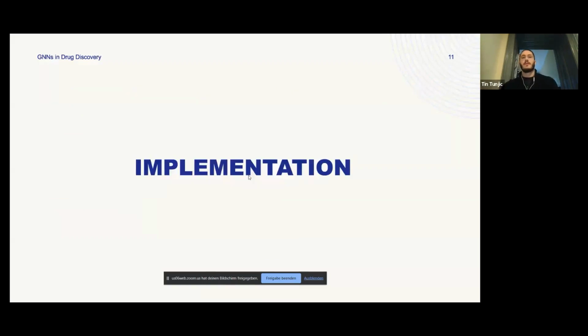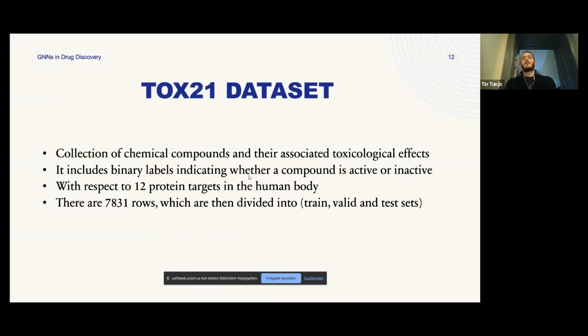Now, when it comes to the implementation part, we're going to be dealing with the Tox21 dataset. That's a pretty well-known dataset, which is a collection of chemical compounds and their toxicological effects, providing data on all of the assays that have been run for the target proteins, to see if those drug molecules are toxic or not.